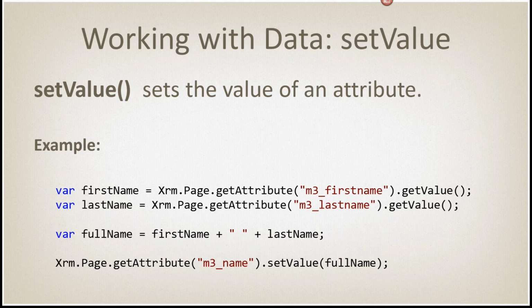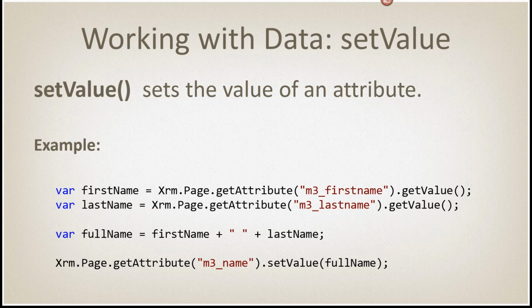So setValue is going to set the value of the attribute. In this case, we have a sample entity that has a first name, last name, and then a name field, or full name field. It should have been named that. What we're going to do is pull the first name and last name values out of their respective fields, concatenate those with a space in between to end up with a full name, and then use the setValue method to take the full name and stick it into the m3_name attribute.